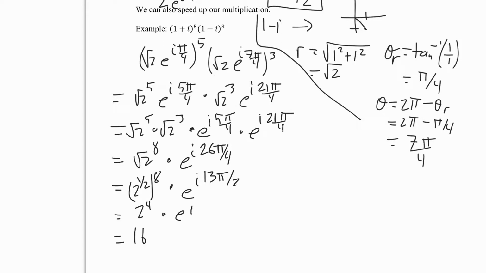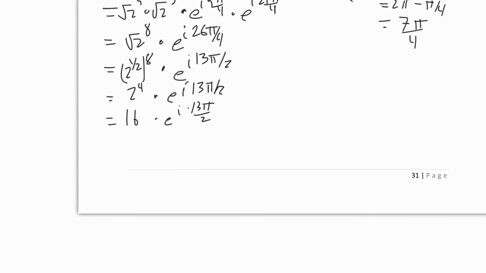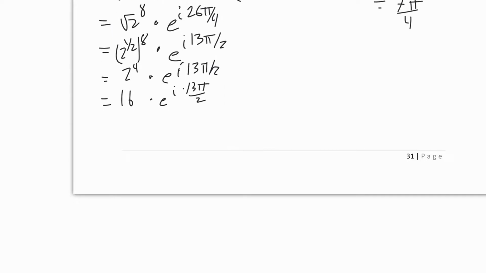We have e to the i times 13 pi over 2. Now it's important that we eventually convert this back into polar form so we can figure out what the actual value is. Exponential form is good for doing the arithmetic, but we do need to get the cos and the sine for doing the unit circle values. So cos 13 pi over 2 plus i sine 13 pi over 2.